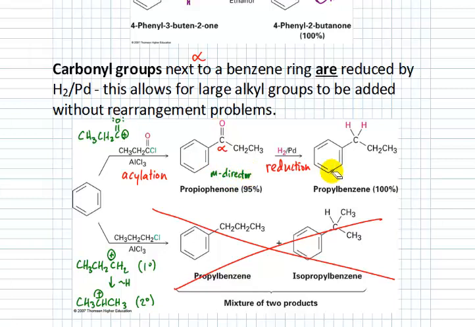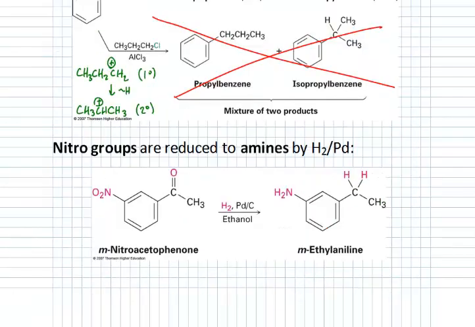However, after I reduce it, it becomes an ortho-para director, propylbenzene, because it's just an alkyl group. So depending on when I do this reduction in a sequence of steps, I can get groups to add either meta to it or para-ortho to it. Okay? So we'll take advantage of that in our synthesis.